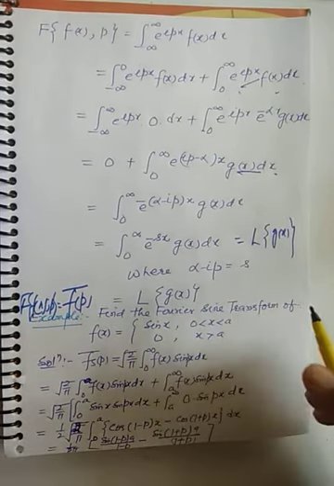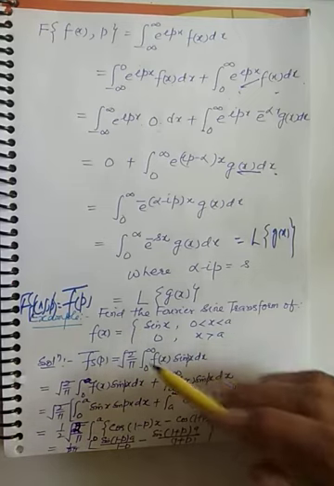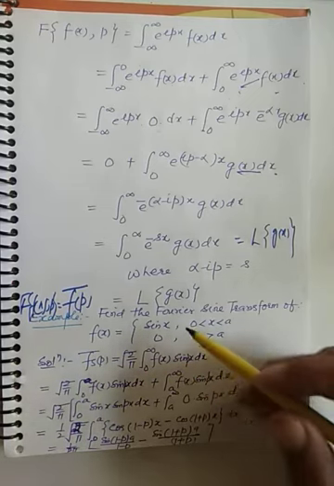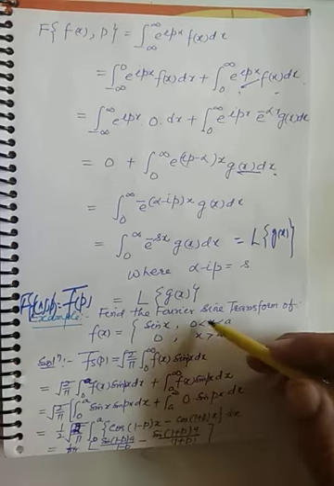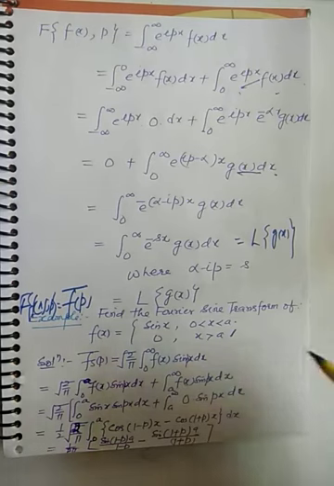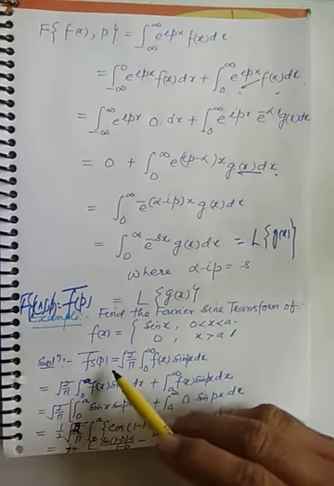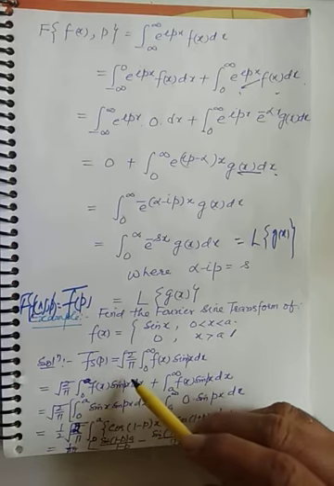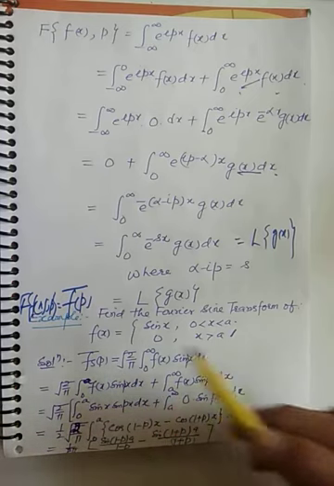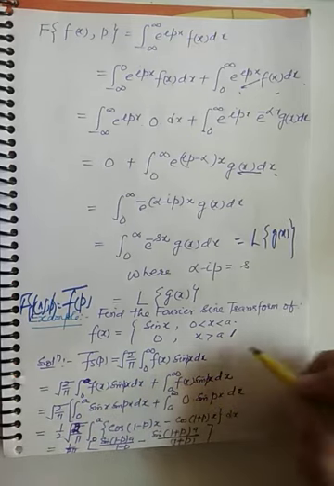Let us discuss an example. Find the Fourier sine transform of f(x) when f(x) is defined as sin x when x is between 0 to a and 0 when x is greater than a. Fourier sine transform is defined as Fs bar p equal to under root 2 upon pi, integral 0 to infinity f(x) sin px dx.